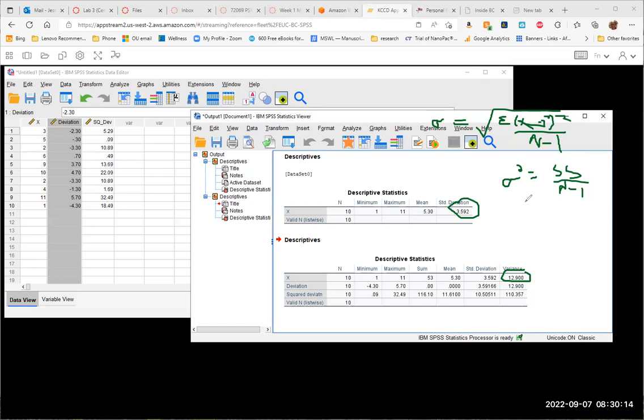If we solve for this, we're solving for the sums of squares. We know the variance, 12.9, equals sums of squares over 9, because n minus 1 is 9. Then we just have to do a little multiplication. 12.9 times 9 equals 116.1, which we already knew here, right?